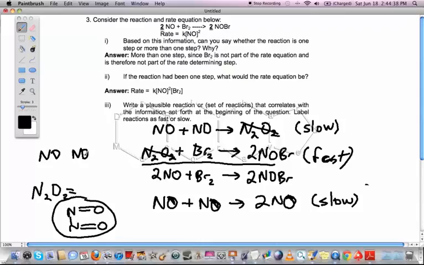And here is two separate molecules right here for the NO. So that's why NO plus NO gives 2NO would not be a valid way of solving this particular problem. But this is. And remember, the whole aim of this is going to be able to come up with reactions where we first of all know what's going on in the slow step, and then we can figure out how they add together to give what goes on here as our final reaction.